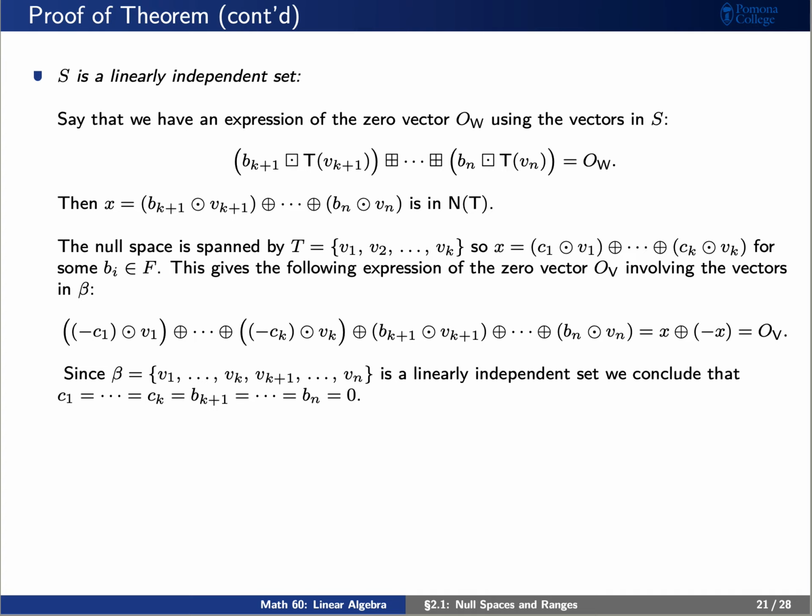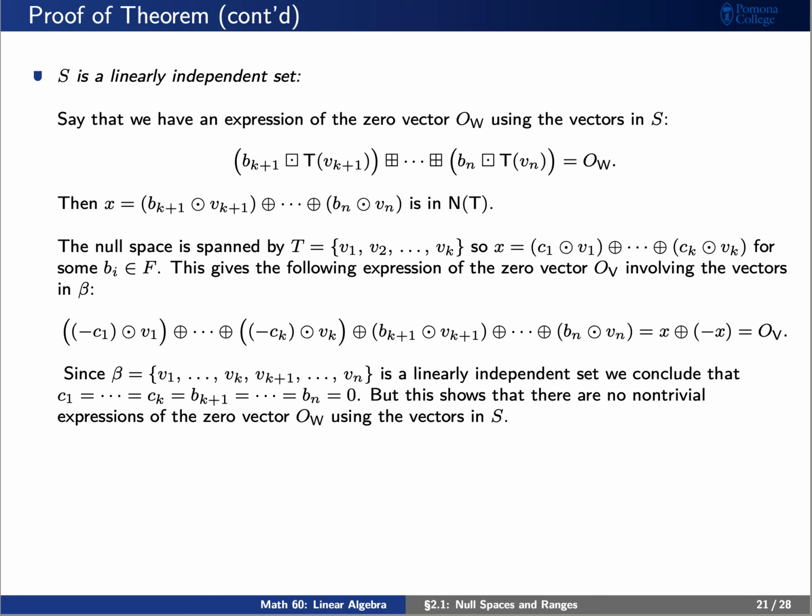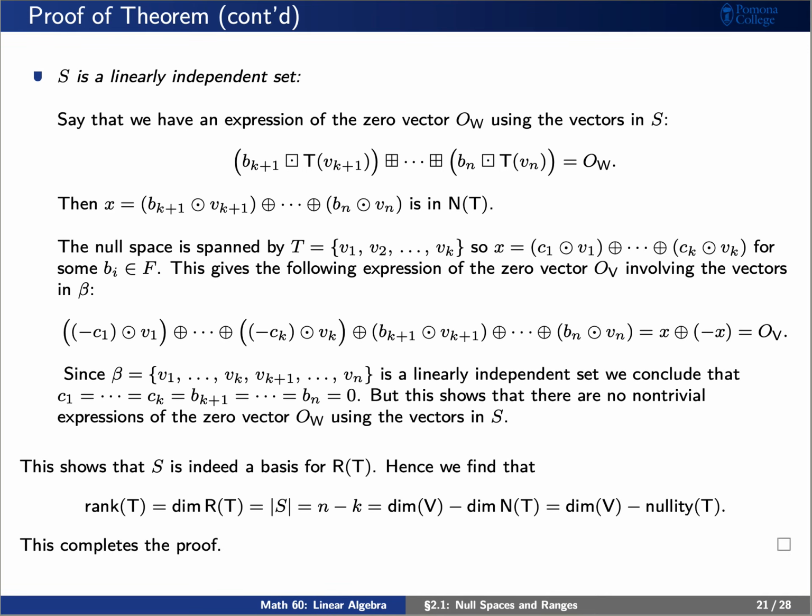Since beta is a basis, we see that each of the scalars in this expression must be zero. That is, there are no non-trivial expressions for the zero vector because beta is a linearly independent set by construction. This shows now that S is a linearly independent set, which actually means S is a basis for the range.